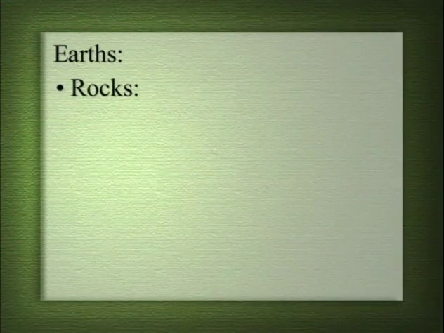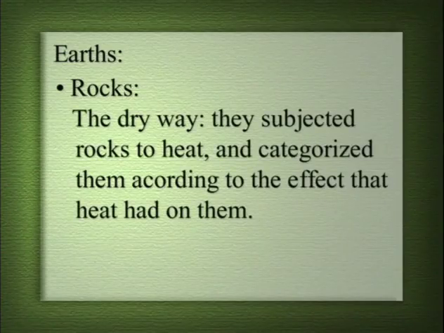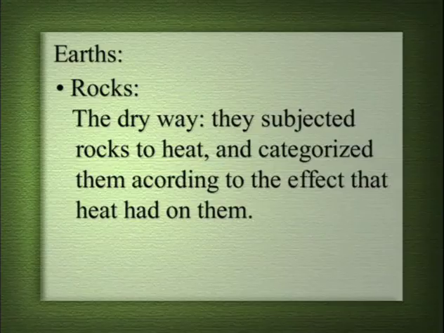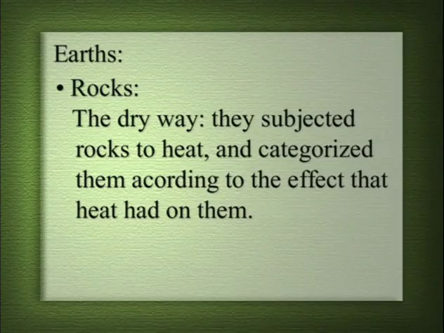They began to subject rocks to classification. To do this, they used what became known as the dry way. That is, they subjected rocks to heat and categorized them according to the effect that heat had on them. The purest rocks were those whose mineral content remained unaltered by even intense heat.